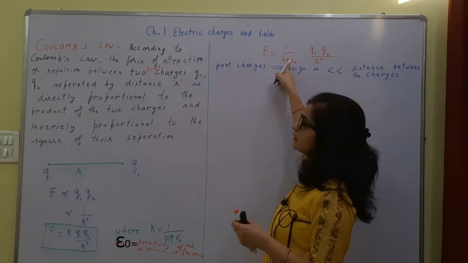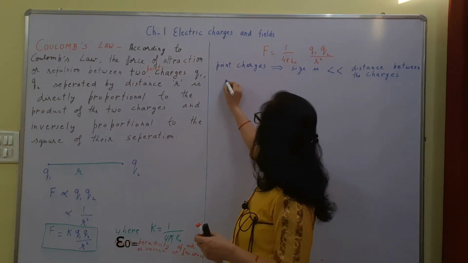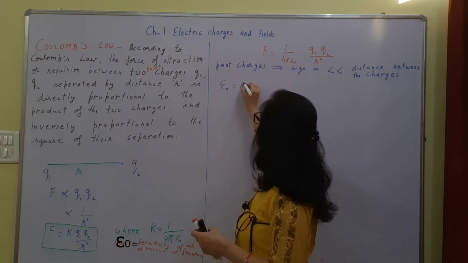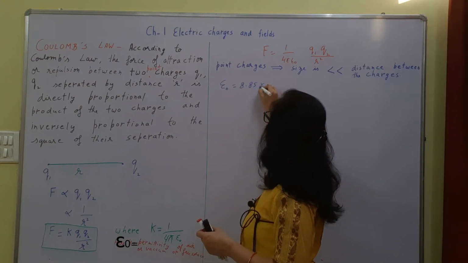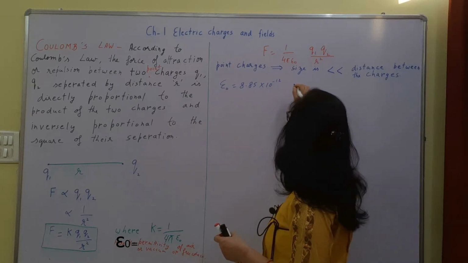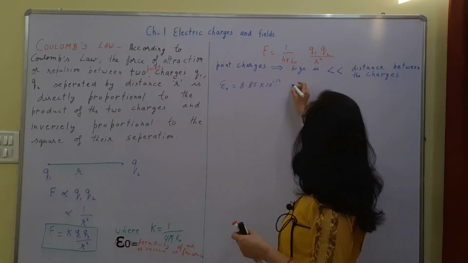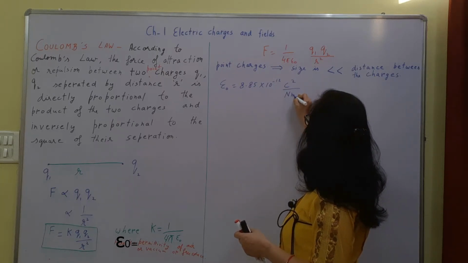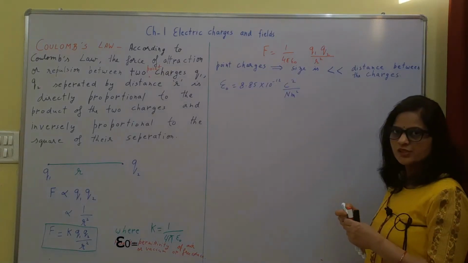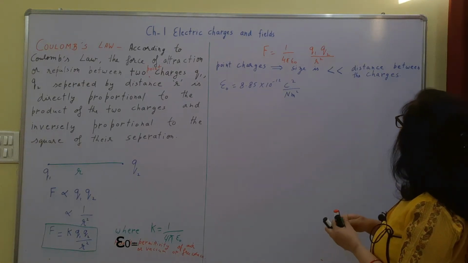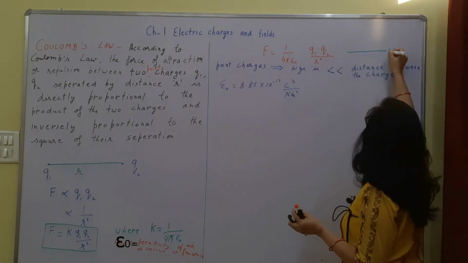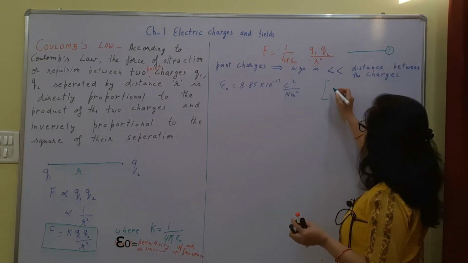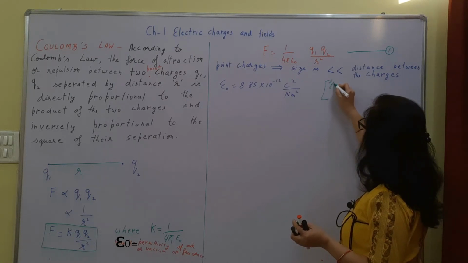We can write the value of epsilon naught. This is 8.85 into 10 to the minus 12 Coulomb square per Newton meter square. How we have arrived at this unit? We can mark this as our equation 1 and we can write the reason here, say from 1.